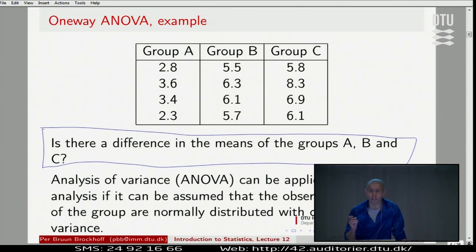The core of the investigation is the means of the groups. So the focus of today is looking at the 3 means of the 3 groups and trying to compare those and find out whether they are the same or not.